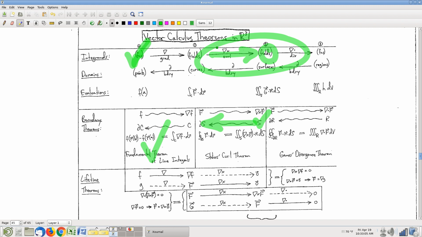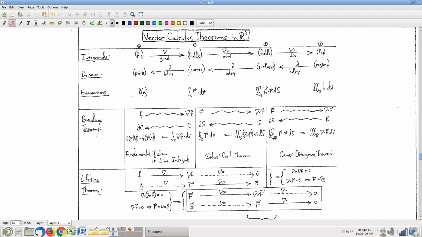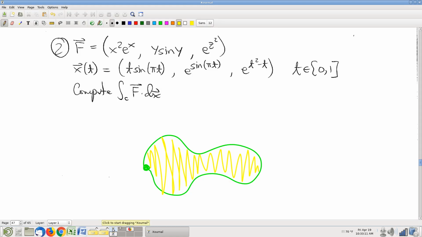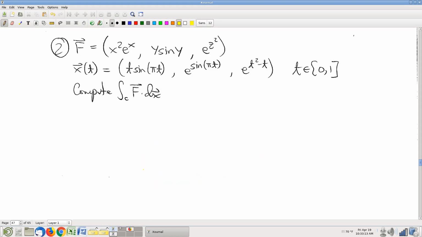Okay, so let me outline how both of these options work out then. Calculation wise, one option here is we could say I can compute the anti-gradient and say this line integral is, let's see here, f of b minus f of a. That's an option. Here's another option.